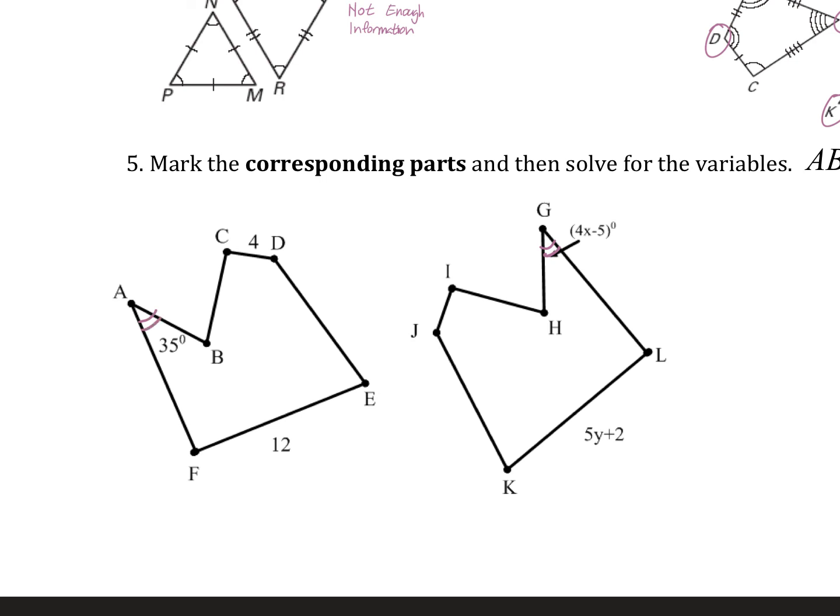Well, if they're congruent, that means they're the same angle measure. So that means that 4x minus 5 equals 35. If I solve this equation, I'm going to add 5 to both sides. I get 4x equals 40 and x equals 10. So one of my variables, x, equals 10.